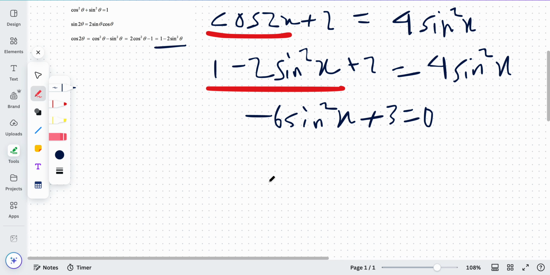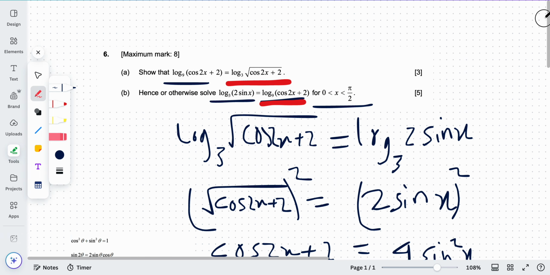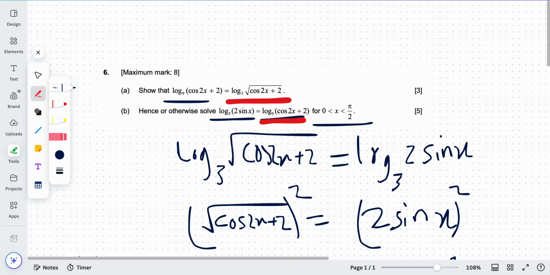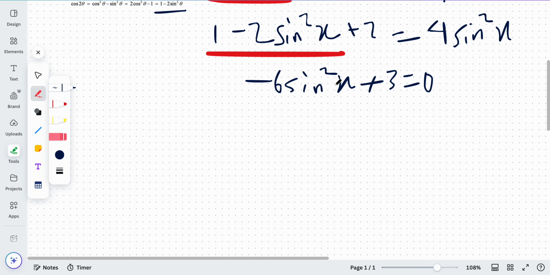Now we're solving just for x, and remember the interval from the start is 0 to pi over 2. First, I'd put it on one side, so we subtract 3 and get minus 3.